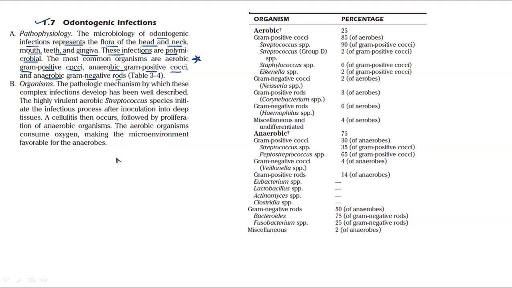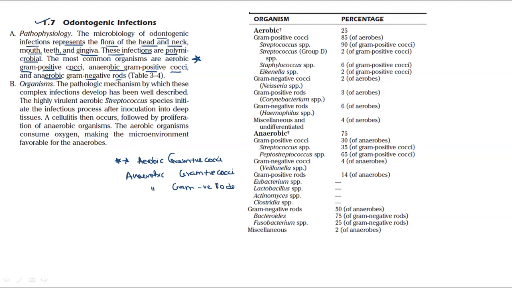So, the most common are aerobic gram-positive cocci, and then anaerobic gram-positive cocci, and then anaerobic gram-negative rods.